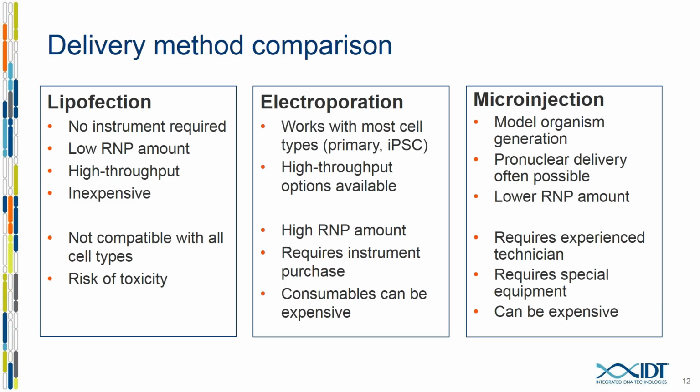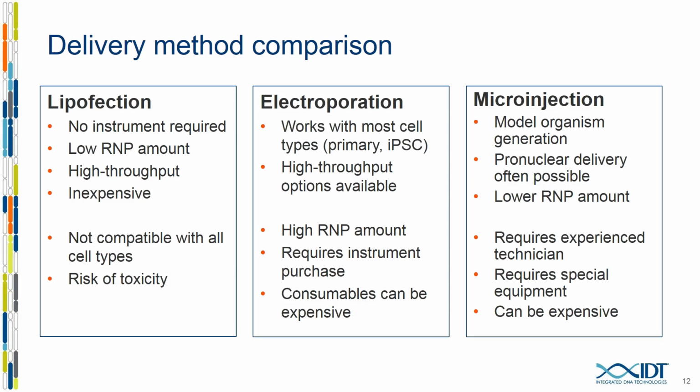We work with and recommend Lipofectamine RNAiMAX, and have found CRISPRMAX to also work very well. It does work for a number of cell types, but unfortunately it's not compatible with a full range of cell types. So some more challenging cells we'll talk about with electroporation.